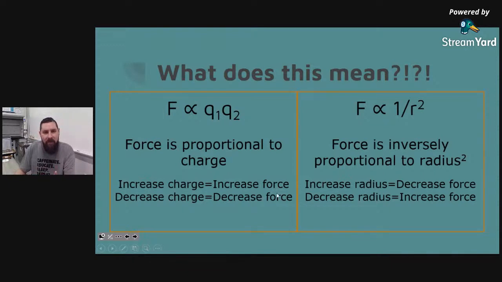But what's key in this is that it's not just a one-to-one relationship, but rather I've got that square in there, and that makes a huge difference. Because what this means is that if I double the radius, I don't just halve the force. Or if I halve the radius, I don't just double that force. It's a squared factor.